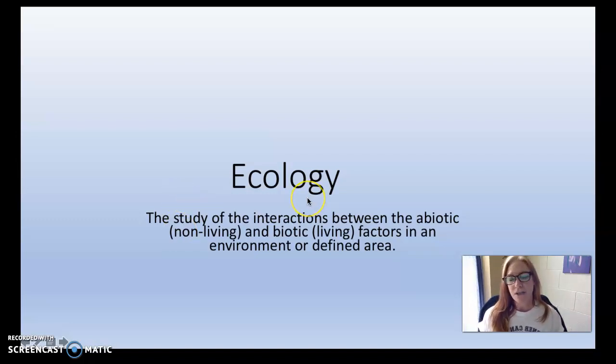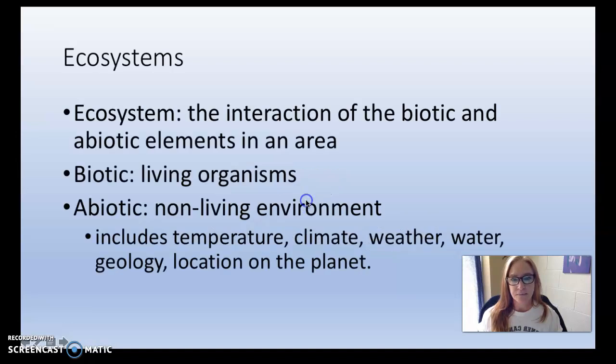So what is ecology? Ecology is the branch of science that studies the interactions of organisms and where they live. And there's two major parts to an ecosystem. An ecosystem is the interaction of biotic and abiotic elements in any given area.